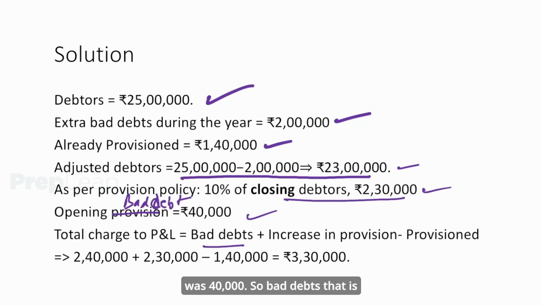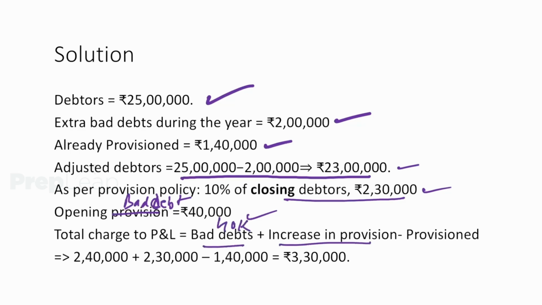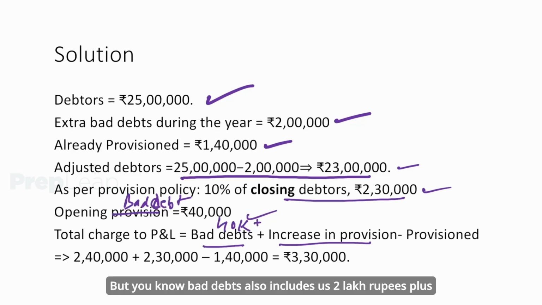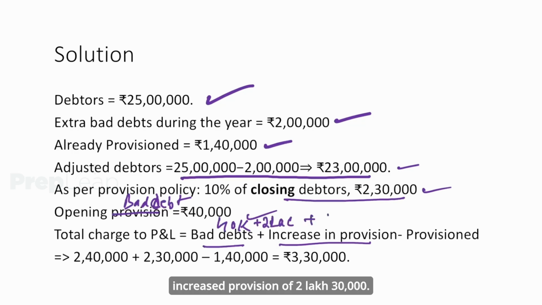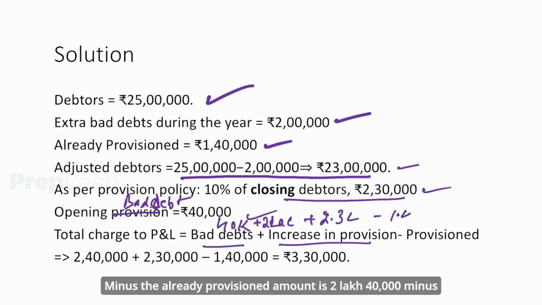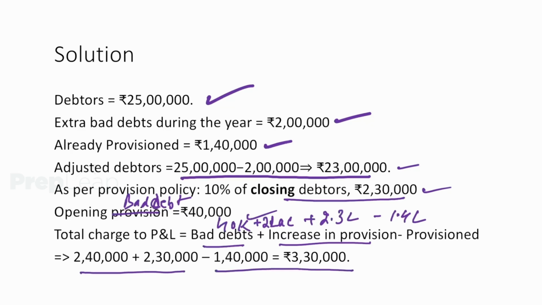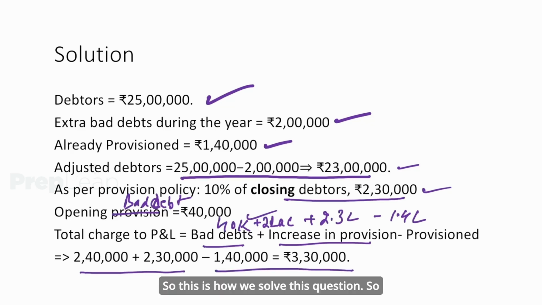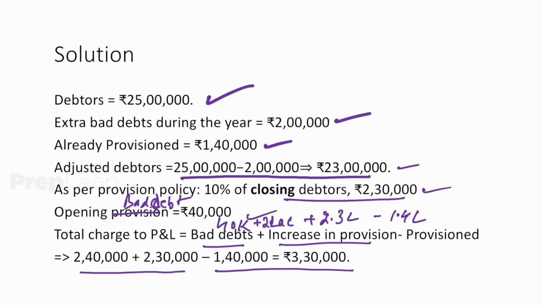So bad debts, that is 40,000, plus the increase of provision. But bad debts also include this 2 lakh rupees. Plus the increased provision of 2,30,000, minus the already provisioned amount, 2,40,000 minus 10, we get this answer. So this is how we solve this question. This is a simple question on the trial balance.